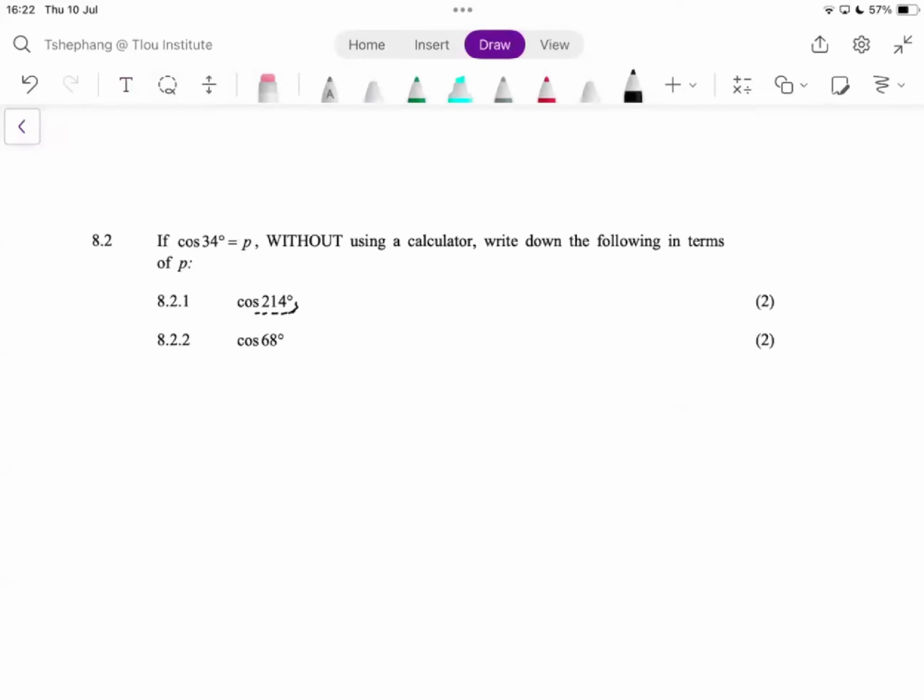This angle, you can play around with it. You can say this is cos of 180 plus 34, because 180 plus 34 gives us 214.